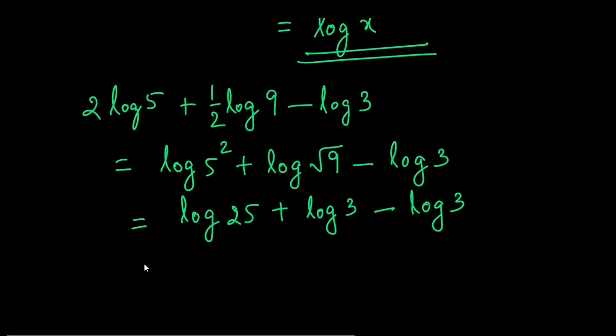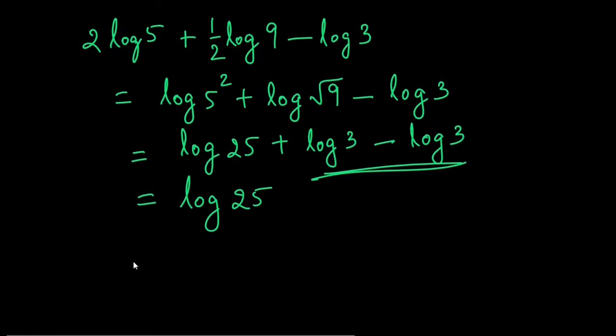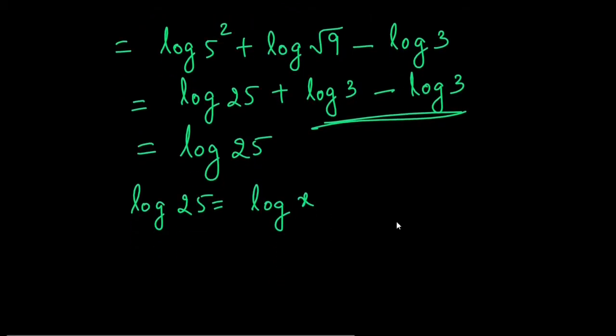Here log 3 minus log 3 is 0. This becomes log 25. Left hand side log 25 is equal to right hand side log x. Removing logarithm, we get x is equal to 25.